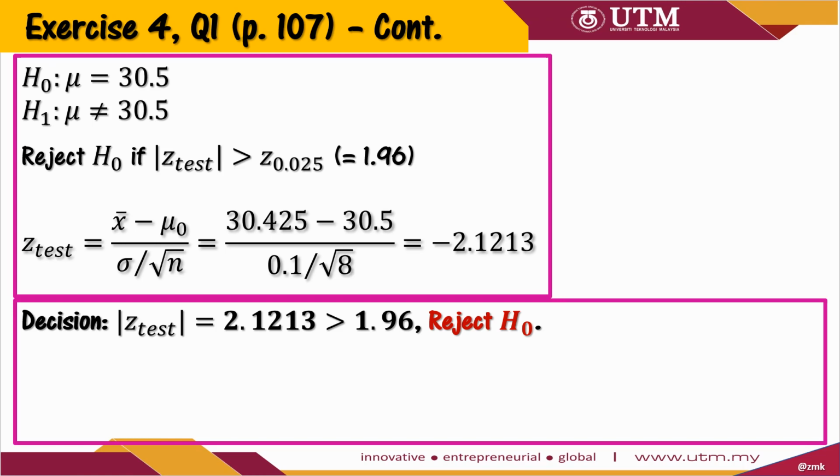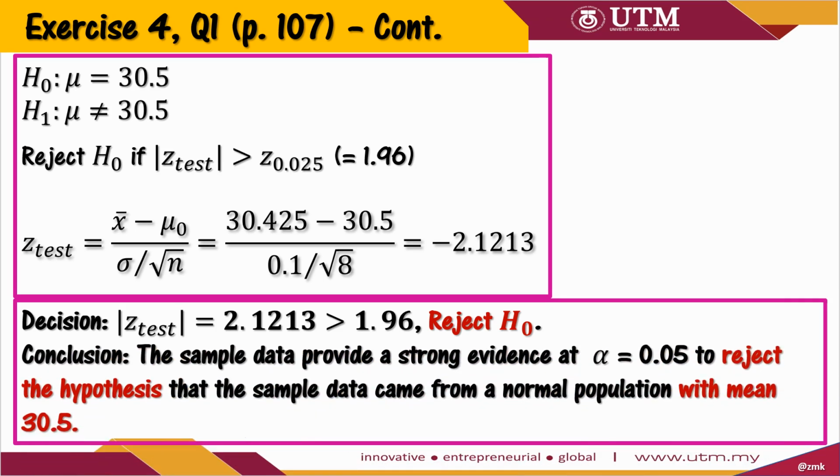We can conclude that the sample data provide a strong or sufficient evidence at the level of significance alpha equal to 0.05 to reject the hypothesis that the sample data came from a normal population with mean mu equal to 30.5. That is, we have evidence to reject that mu equal to 30.5 in favor of H1, which says mu not equal to 30.5.